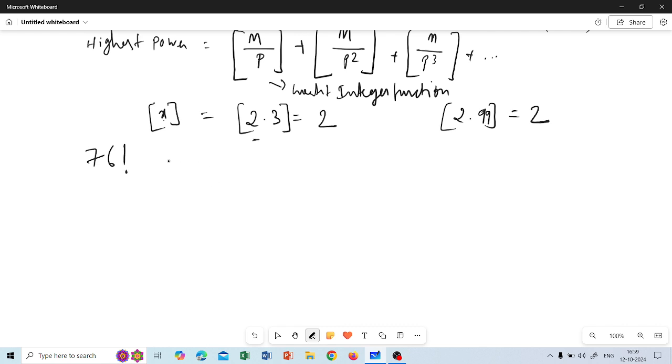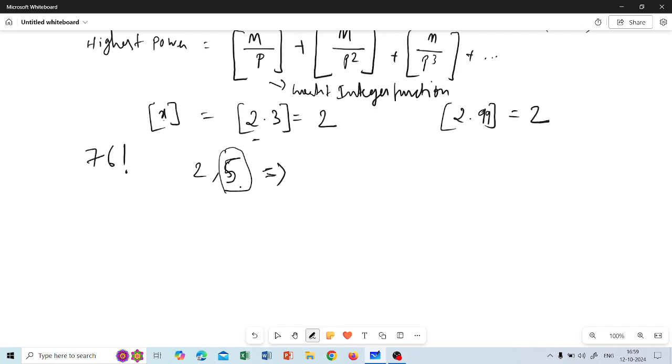As you know, 2 and 5 both are prime numbers. We have to find the highest power of 2 or 5. As you know, 2 is a smaller number, so we have to find the power of 5. Since 2 is a smaller number, there can be many 2's but only very few 5's in a product.